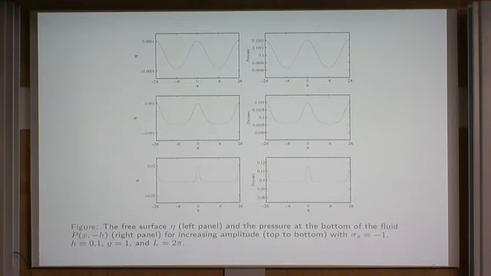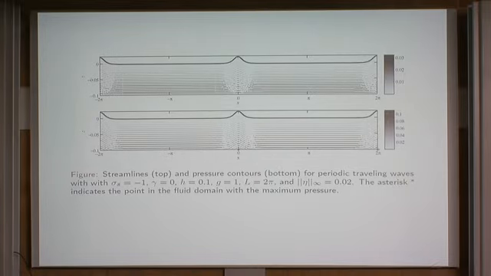So this is the irrotational case for a comparison. On the right-hand column, you'll see the pressure at the bottom of the fluid. So this was from some other work we have been looking at in terms of pressure, so getting back to the original catalyst here.